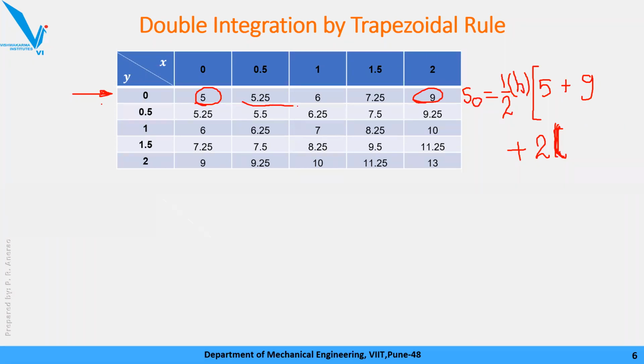That is 5.25 plus 6 plus 7.25. Add all of these and write it here, close the bracket, and that's it. This way you will calculate the value of S0.